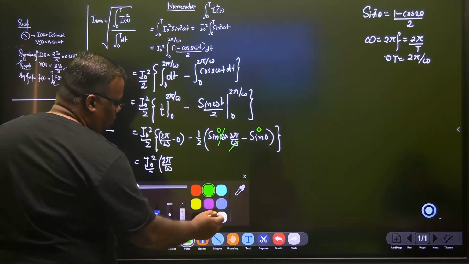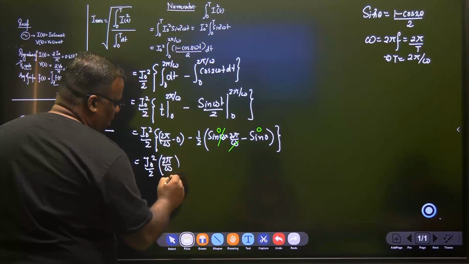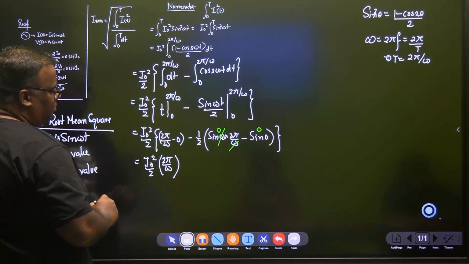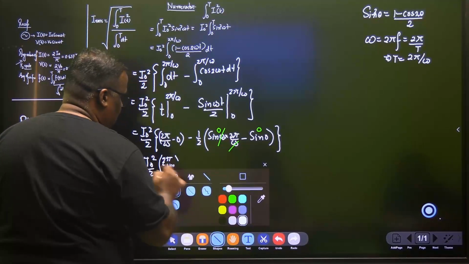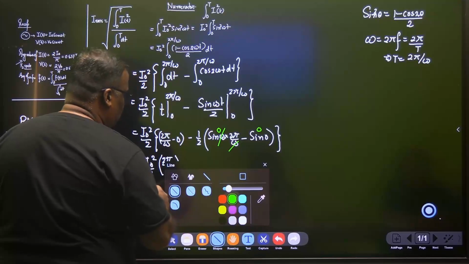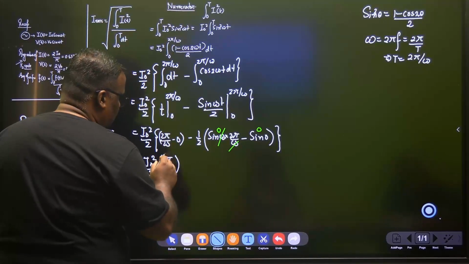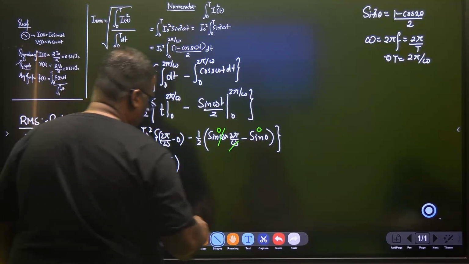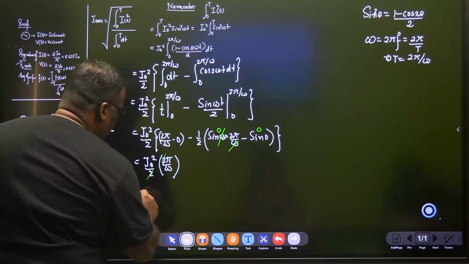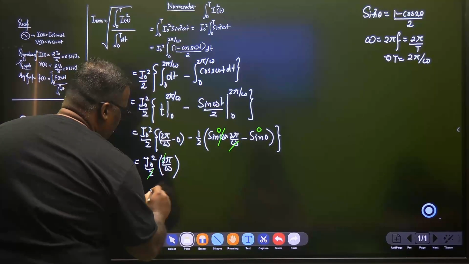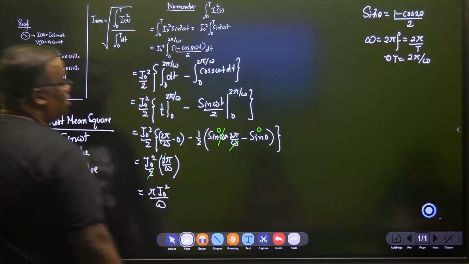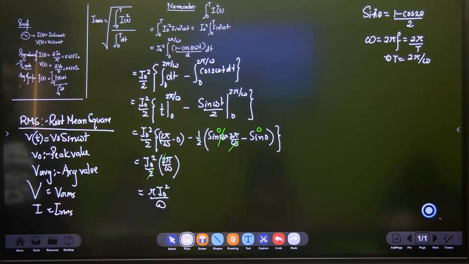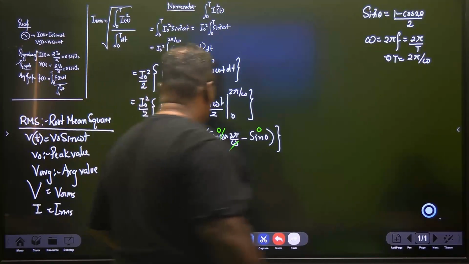So what do we have? We just have this thing, right? Out of which I can further take off 2 and 2. I can take off this 2, I can take off this 2. So my numerator is ending at pi I naught square divided by omega. This is my numerator.